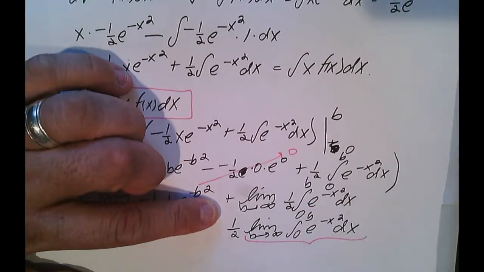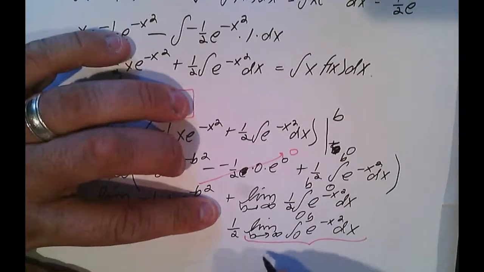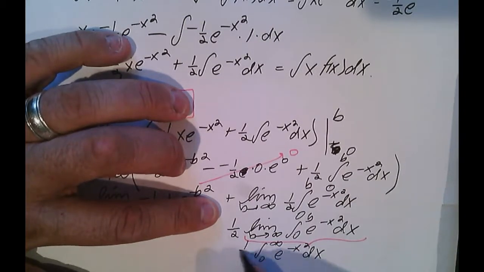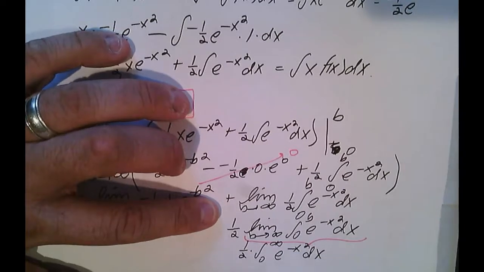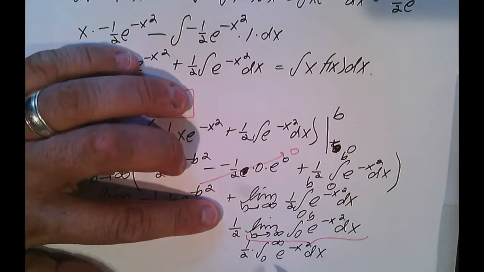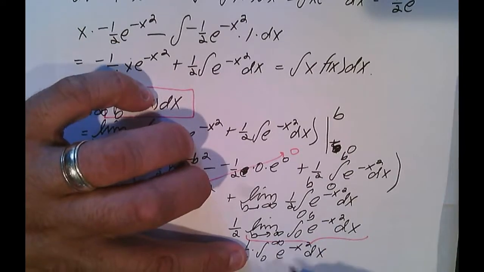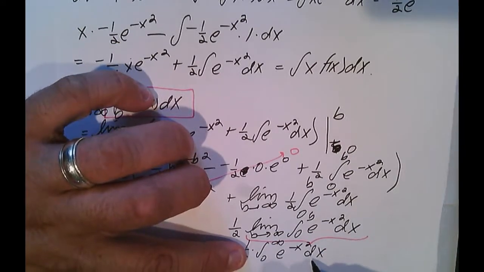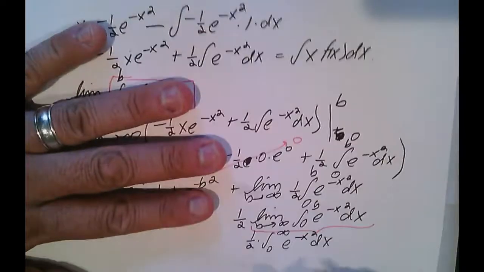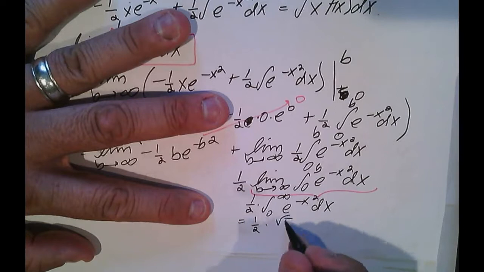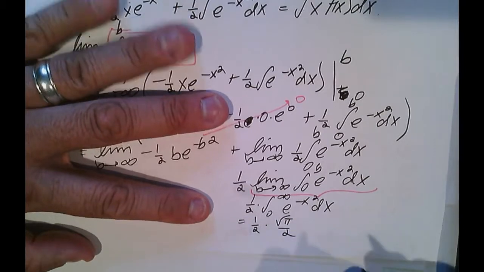This part right here is simply the way that you write the integral from 0 to infinity of e to the negative x squared. Remember, we're still multiplying by 1/2, and you were told in the beginning of the problem that the integral from 0 to infinity of e to the negative x squared is square root of pi over 2. So this part is equal to 1/2 times the square root of pi over 2.